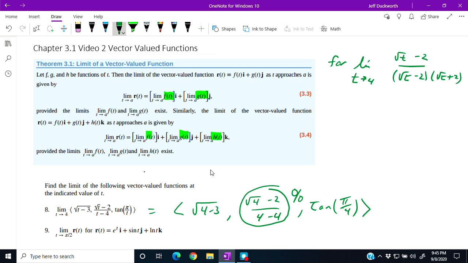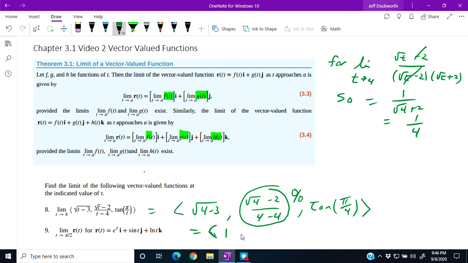So we essentially have a square minus a square. t is the square of the square root of t. So now we can cancel these and evaluate. So this equals 1, we don't lose that numerator, over root 4 plus 2, which is equal to 1 over 4.